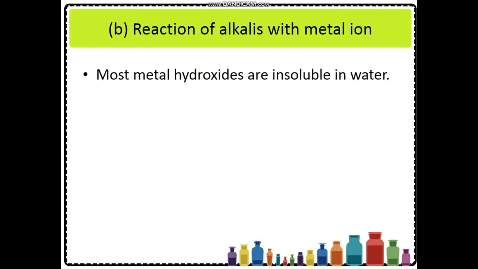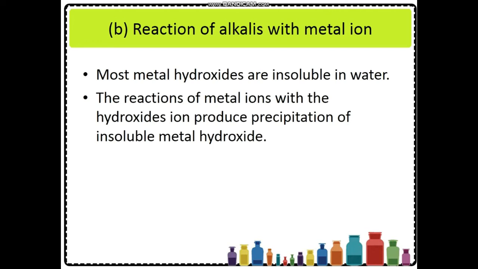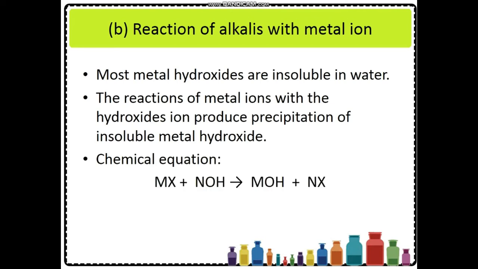Reaction number 2, reaction of alkali with metal ion. Most metal hydroxides are insoluble in water. The reaction of metal ions with hydroxide ion produces a precipitate of insoluble metal hydroxide. This is the general chemical equation: MX plus NOH. Supposedly this is the metal ion, but I substitute it with N so that you will not be confused. It produces metal hydroxide plus NX.